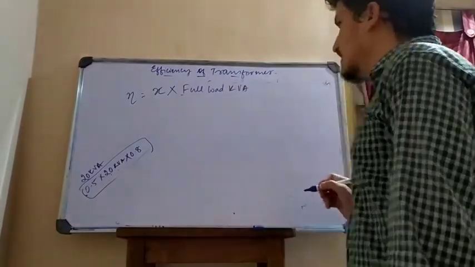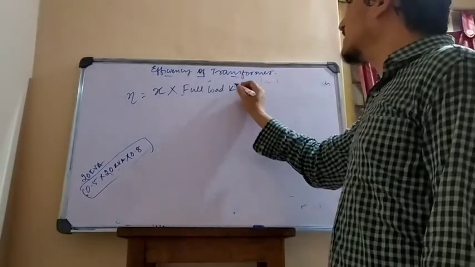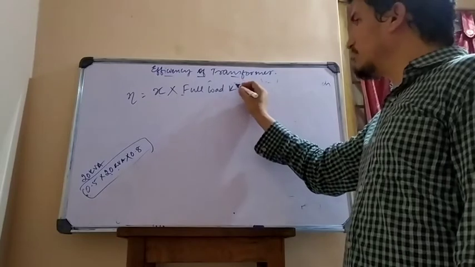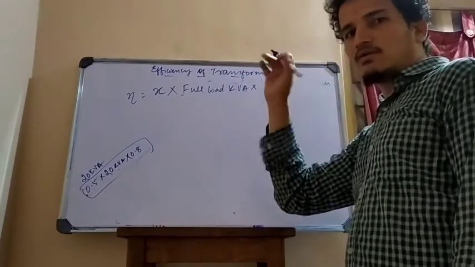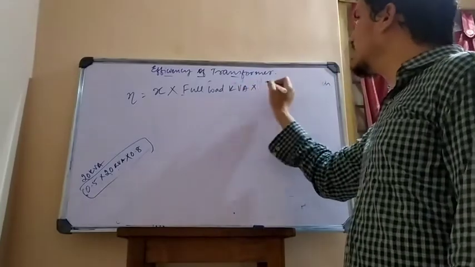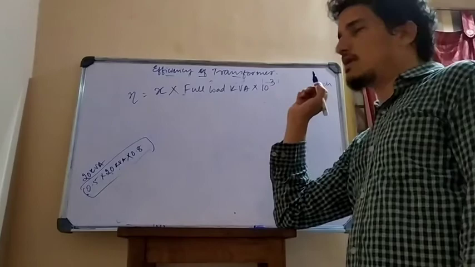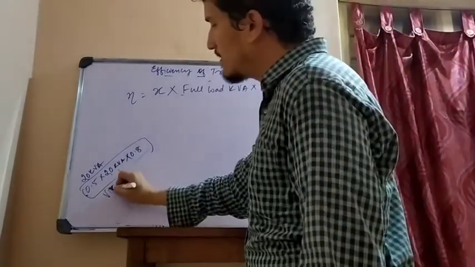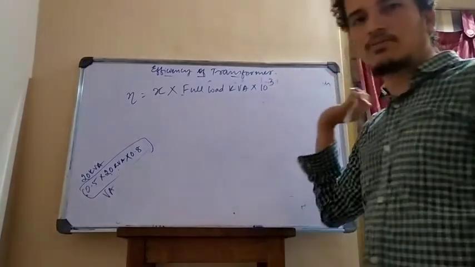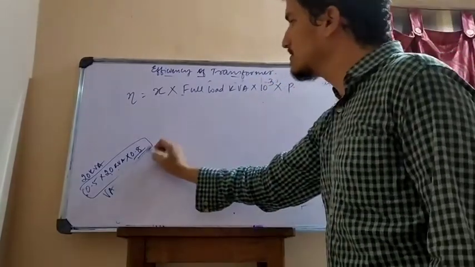If it is in kilo, you have to multiply by 10 to the power of 3 to convert that into VA. If it is mega, then 10 to the power of 6. If they have given only VA, you need not multiply by 10 to the power of 3. Next, into power factor.